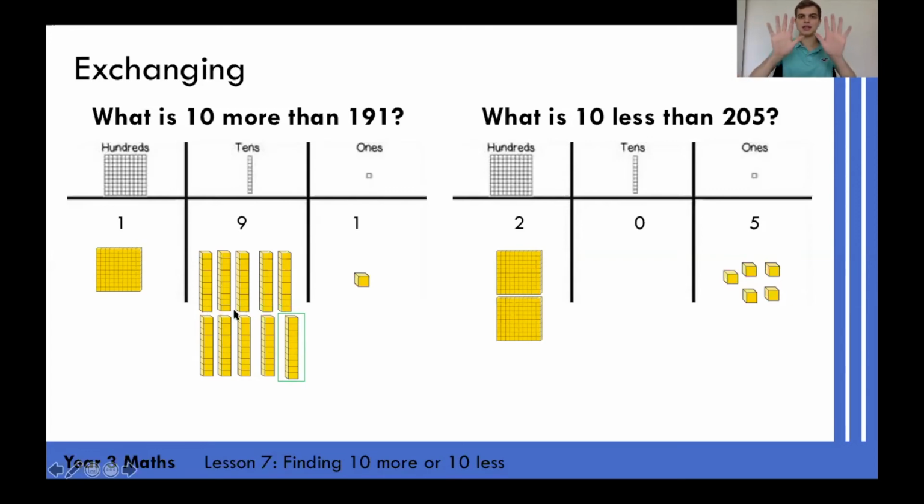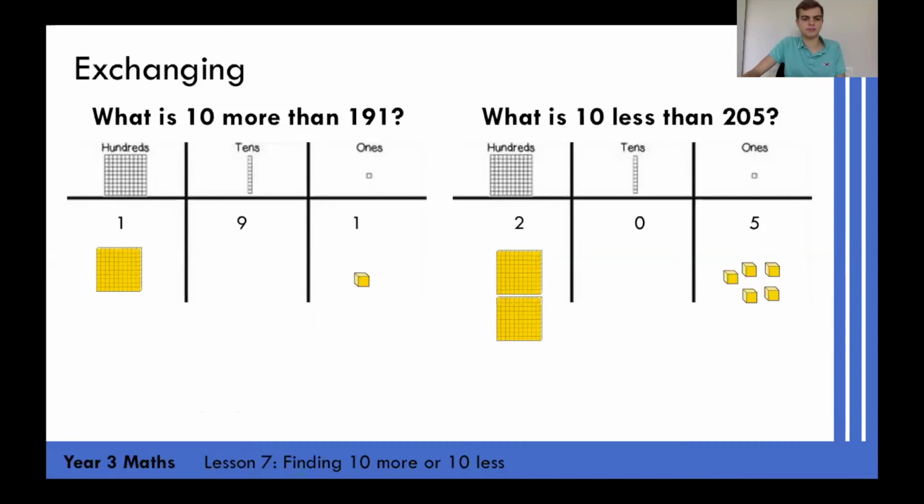If we counted 10 lots of 10, 10, 20, 30, 40, 50, 60, 70, 80, 90, 100. So 10 tens is the same as 100. So I can exchange all of those tens, those 10 lots of 10, for 100. So I get rid of those and I exchange them into one lot of 100.